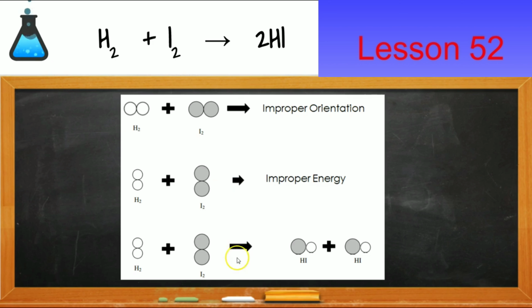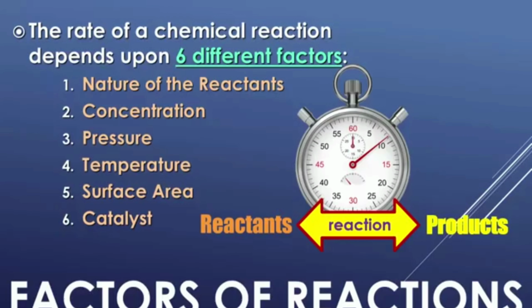But in the final example, we have our particles in the proper orientation, and if they collide with sufficient energy, then the reactant particles can break bonds and the product particles can form new ones, so a reaction will occur. There are 6 major factors that affect the rate or speed of a chemical reaction.